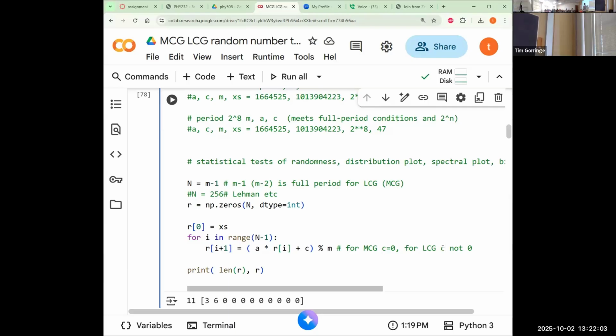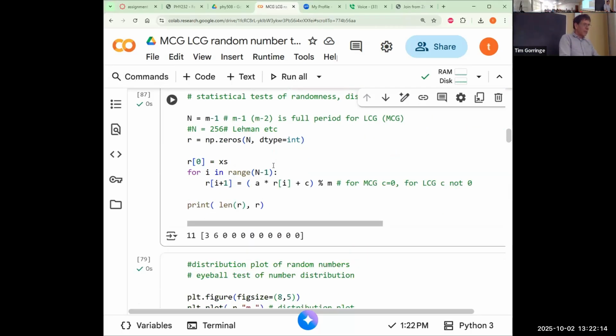Okay, so we'll run this and we'll come out of this having generated our random numbers. Remember, this was the case I had in my slides. In this particular choice of modulus, which wasn't prime, we broke one of the rules for full period, and 6 is not a primitive root, so it can't generate all the random numbers.